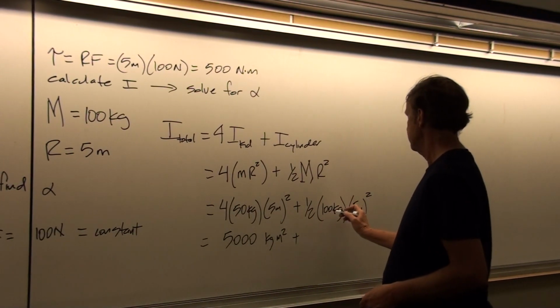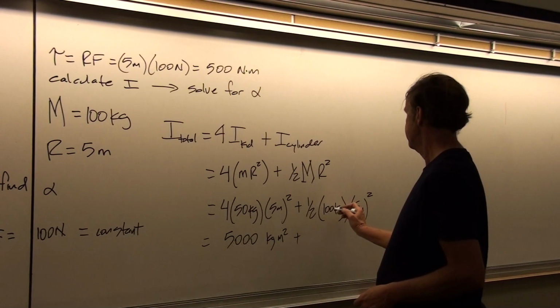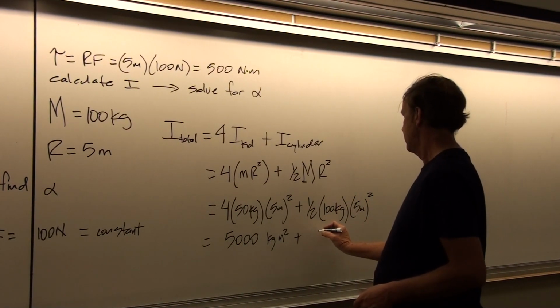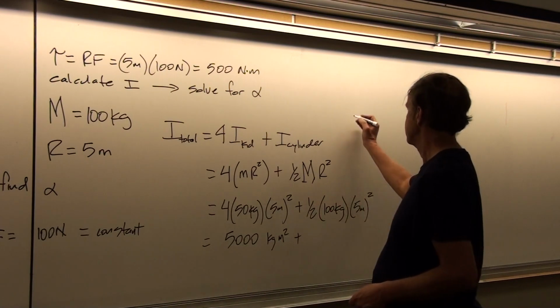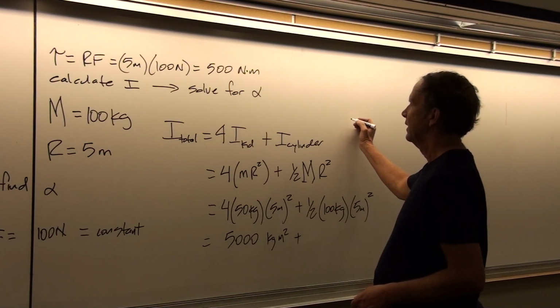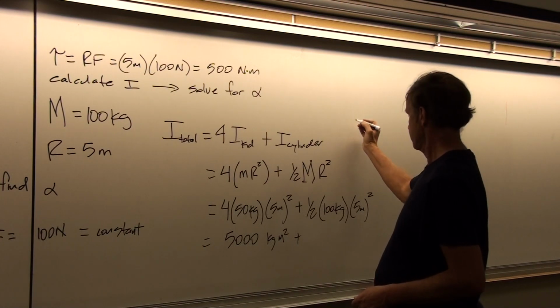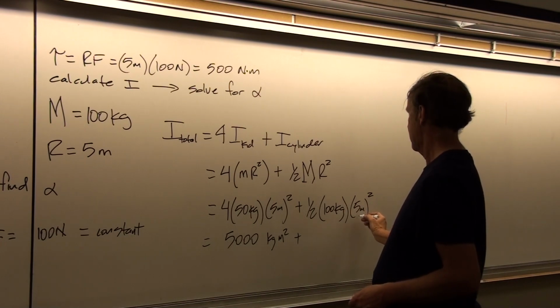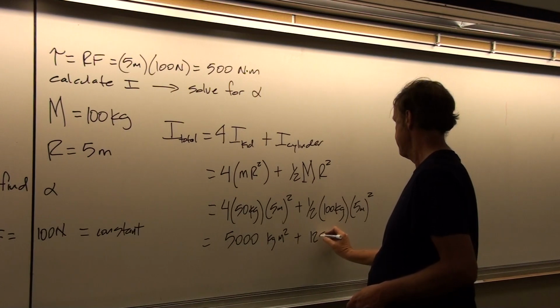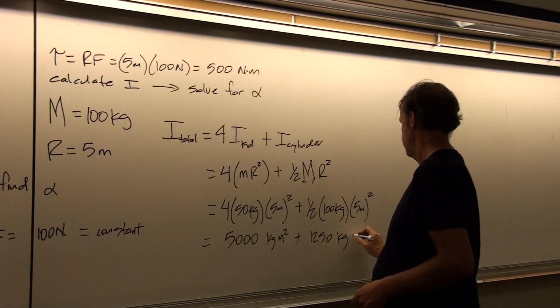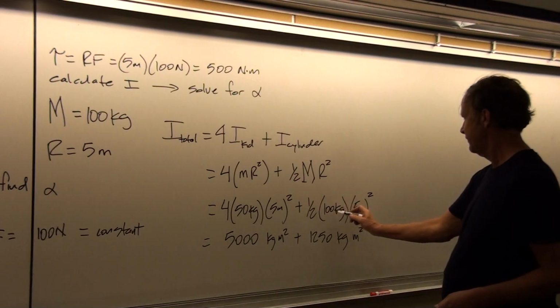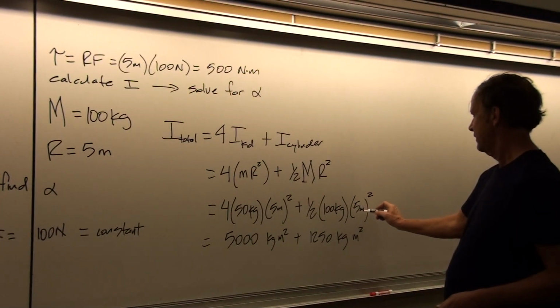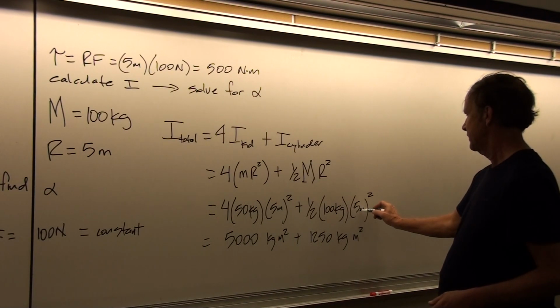Plus 1/2 M, that would be 50 times 25, which is 1250 kilogram meters squared. 50 times 10 is 500, so that looks good.